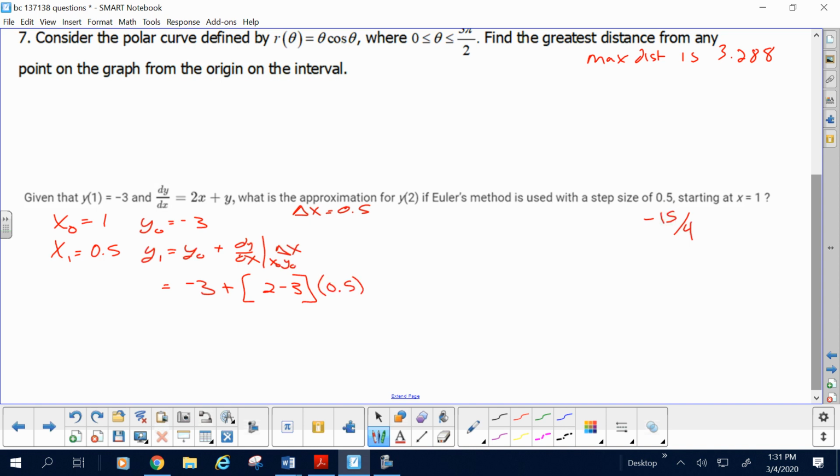So I have negative 3 minus 0.5, so I have negative 3.5 there. Very rarely do I use decimals, I use fractions, it's way easier to do. So negative 7/2 is what I really have. You follow? And then on we go to x2.